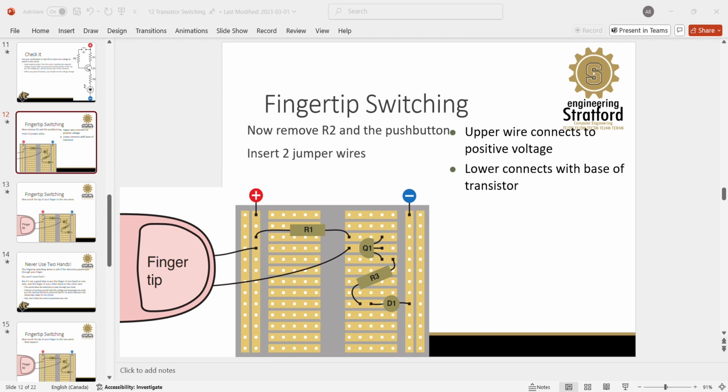Now you're going to have that one wire that ran from power to the button hanging off your breadboard, and put in a new wire. So take out the 10K ohm resistor that connected the other side of the button to the base of the transistor, and connect a wire to that same row in your breadboard, the base of the transistor.